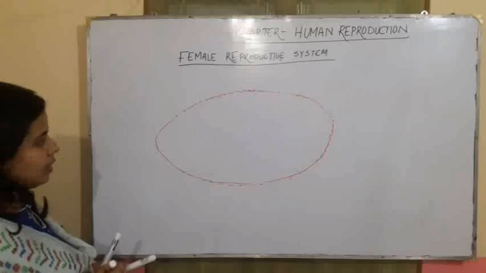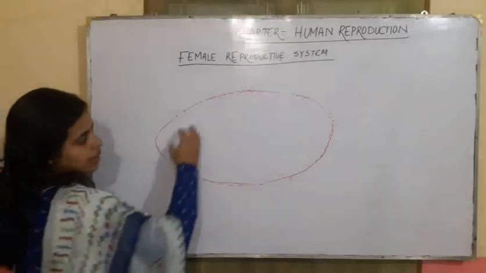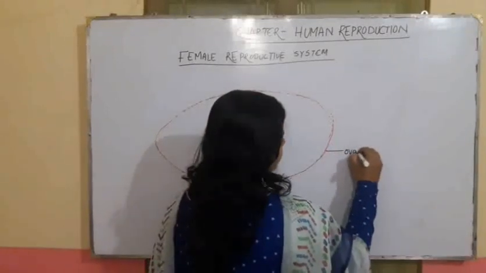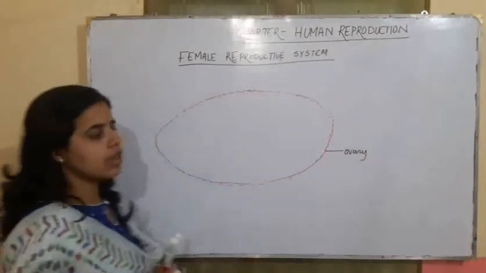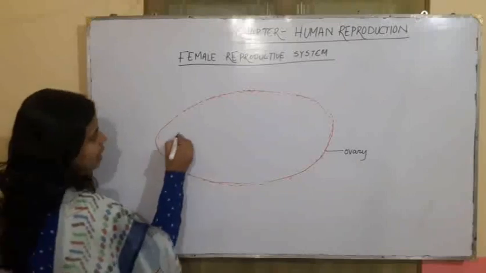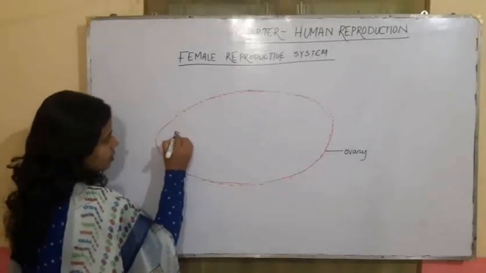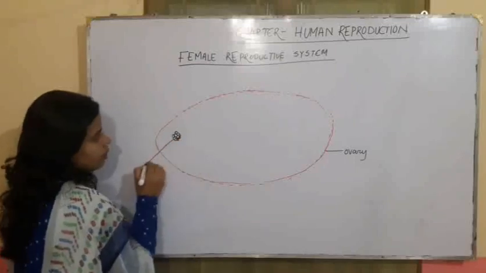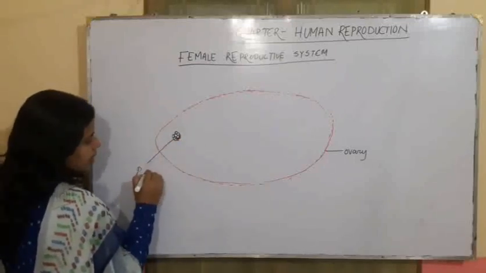Okay, and here inside the ovary there are some tissues, or you can say masses of tissues present. They are called as what? Primary follicles.